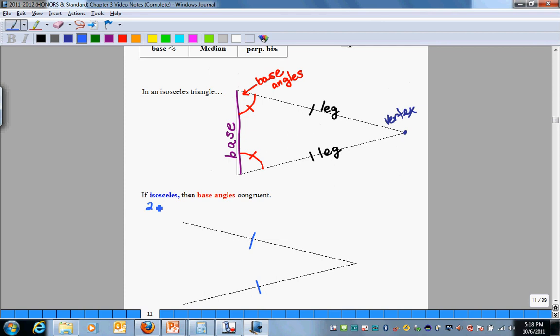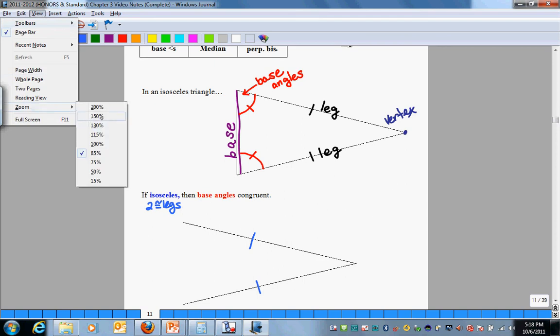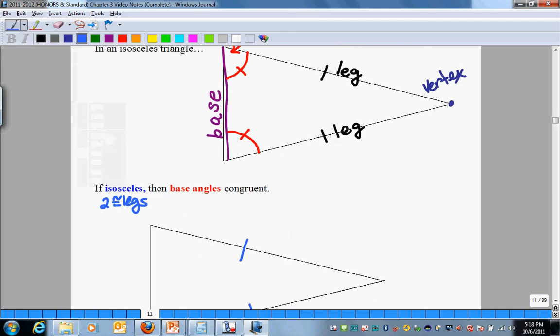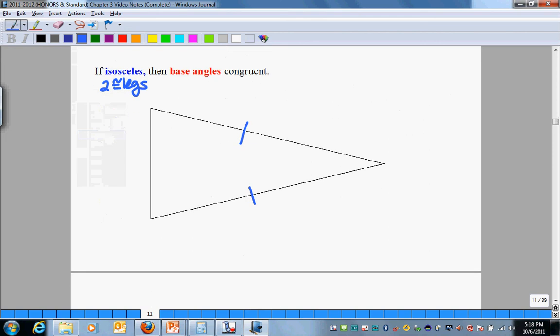If you have two congruent legs, then the base angles will also be equal. How do you find those base angles? You go opposite the congruent sides. I like to draw arrows. If it's isosceles, then the base angles are going to be congruent.